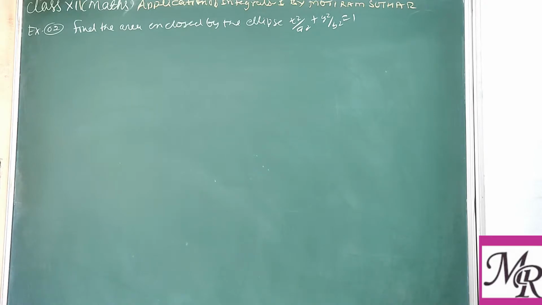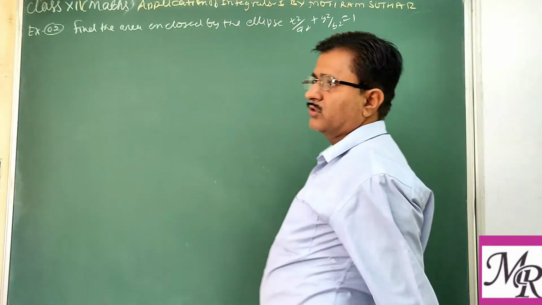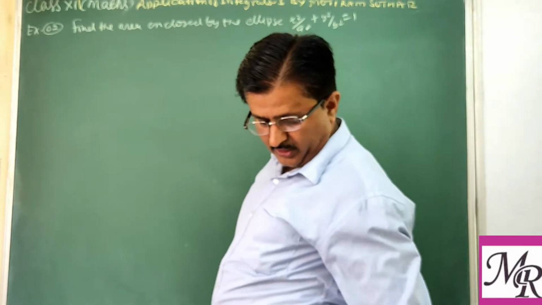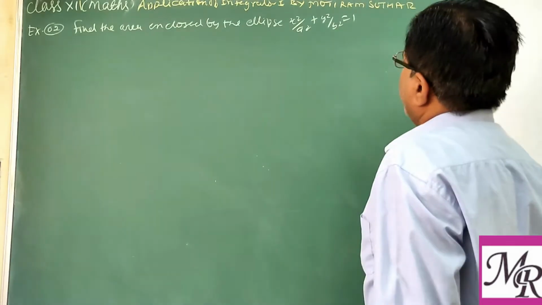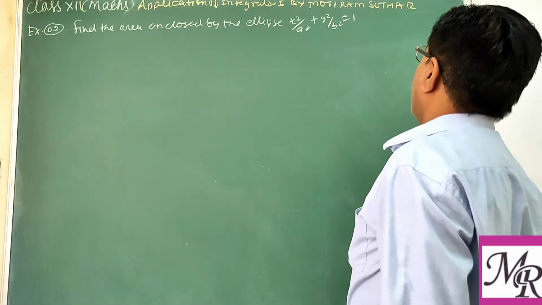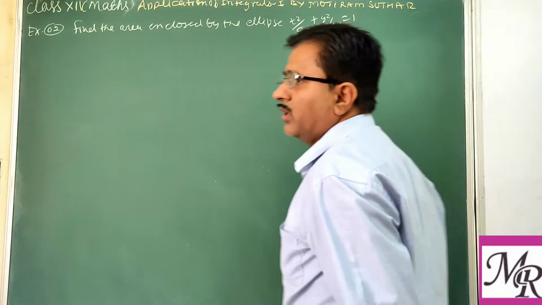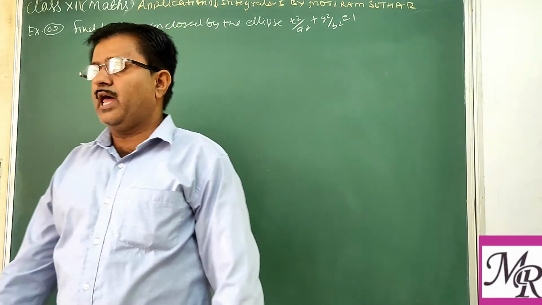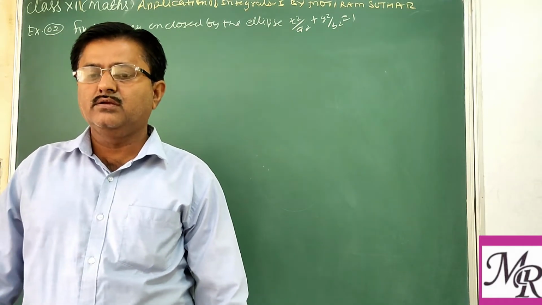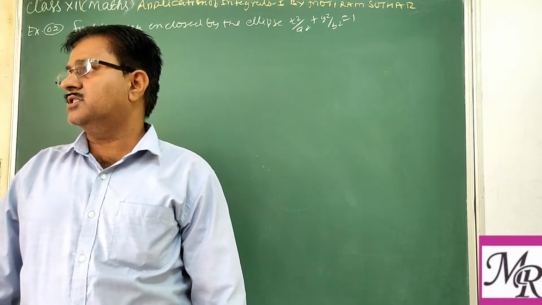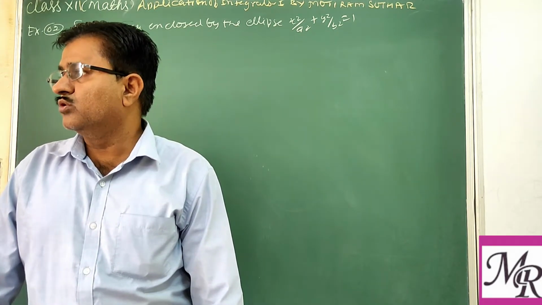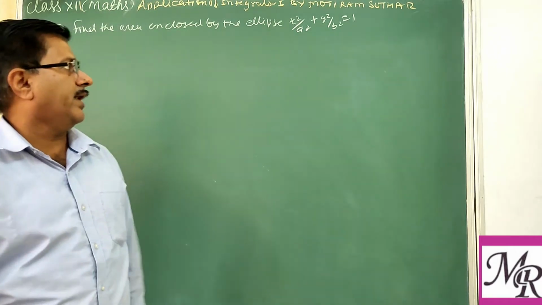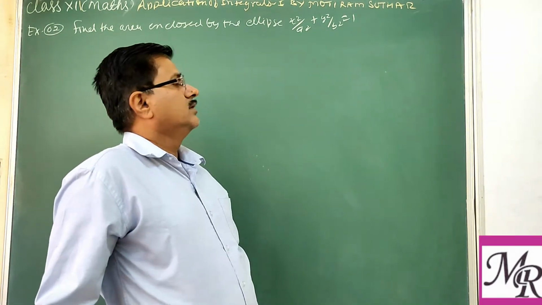So the second example says: find the area enclosed by the ellipse x square by a square plus y square by b square equal to 1. With the help of this equation, we know that this is the ellipse whose major axis is along the x-axis.